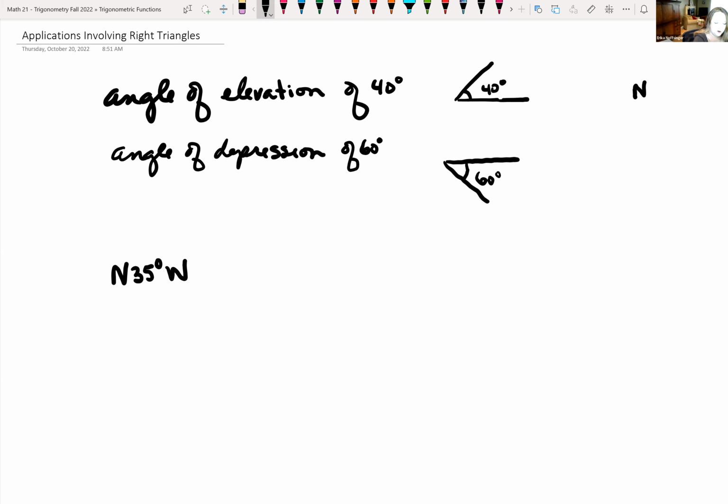You have north on top, south on the bottom, west on the left, east on the right. This is telling me I'm starting on the north, at that vertical line, and heading 35 degrees towards the west. So this would be a bearing of north 35 degrees west.